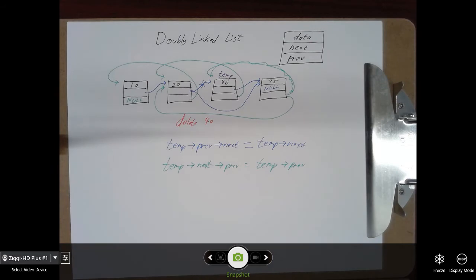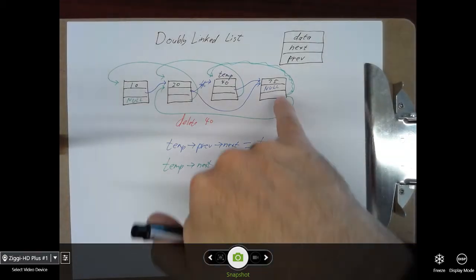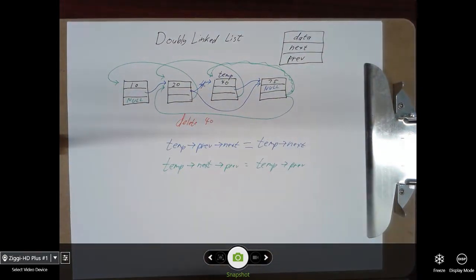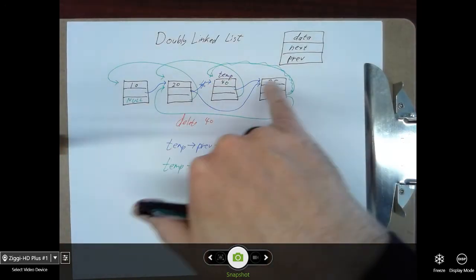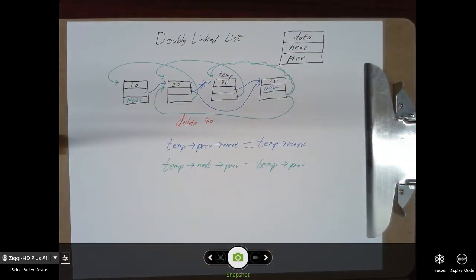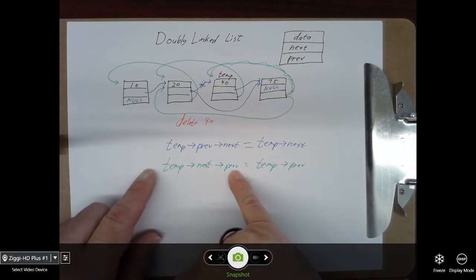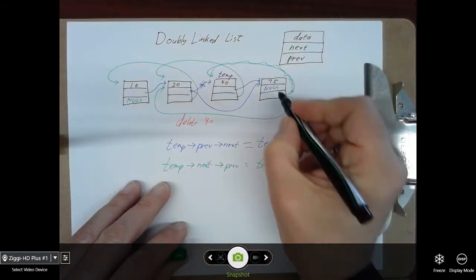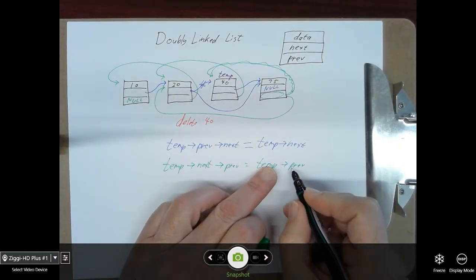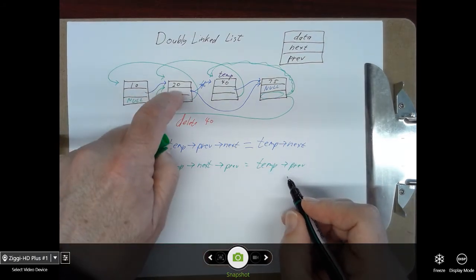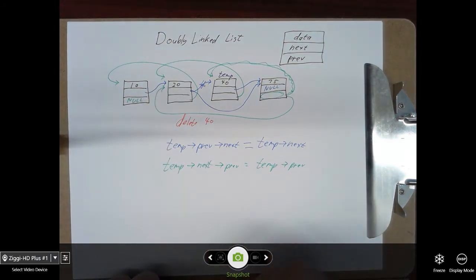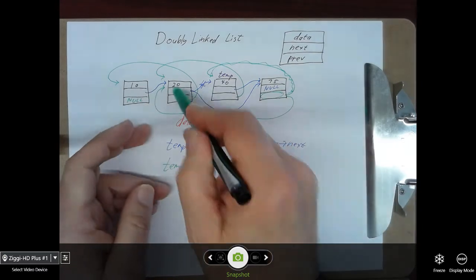You don't want to put them down on your cheat sheet for an exam. You want to understand how these statements do this. First you want to understand that this is what you want to do. Change that arrow to that. And then understand that this expression gets you this, and this expression gets you the address of this block. And so you're just setting that to point to that block.